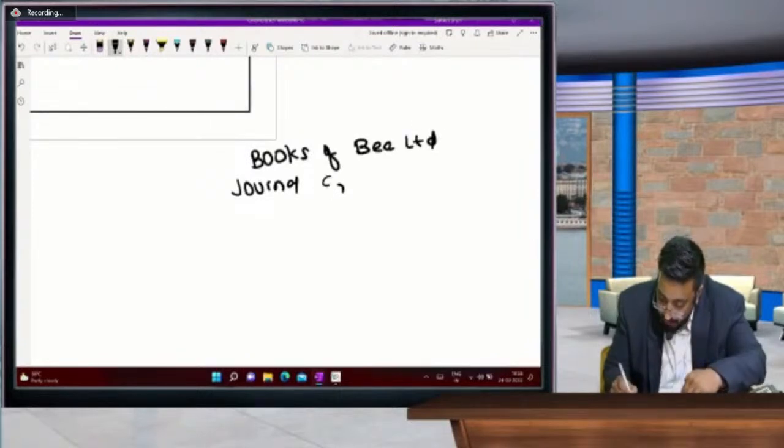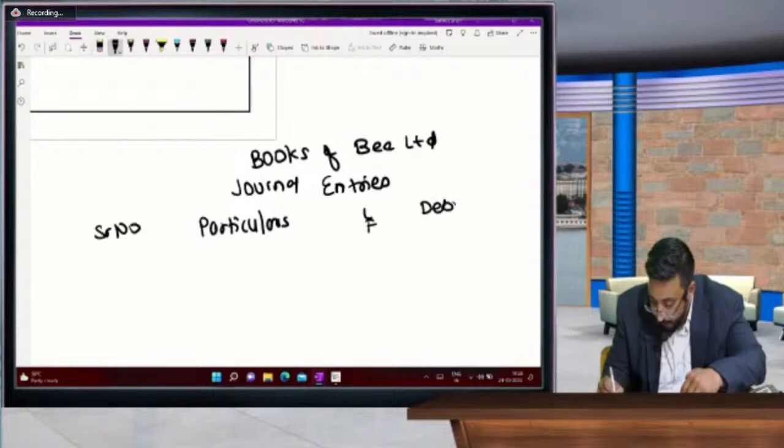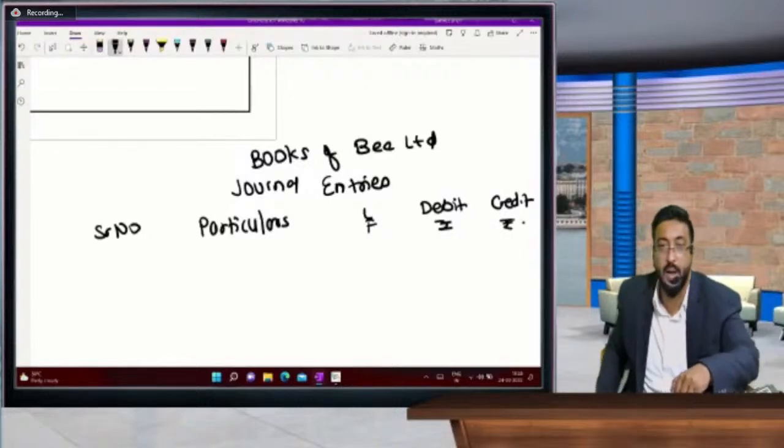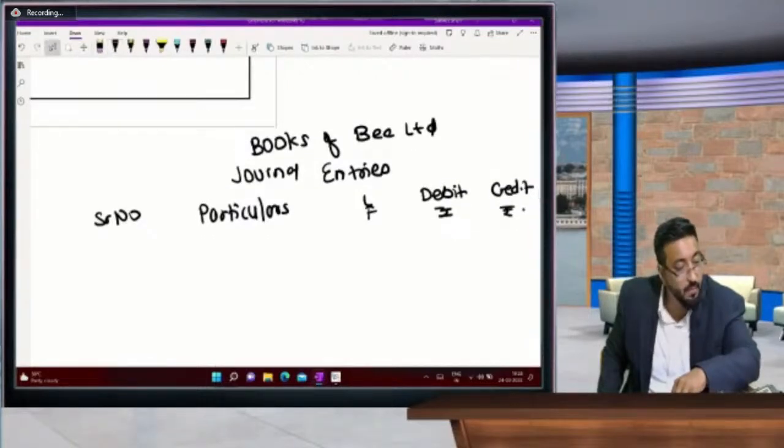Serial number, particulars, LF, debit rupees, credit rupees. One page format. Write down books of B Limited, serial number, particulars, LF, debit rupees, credit rupees.